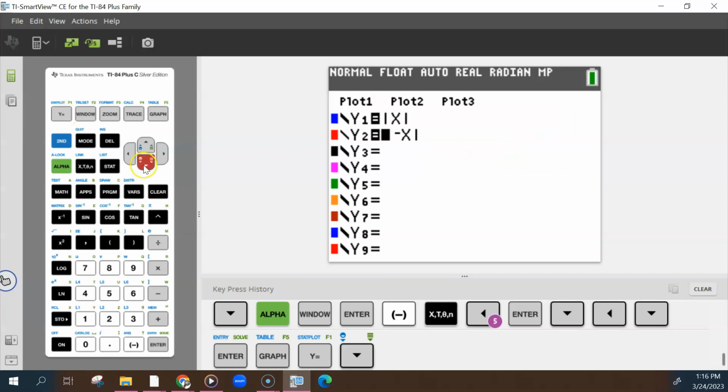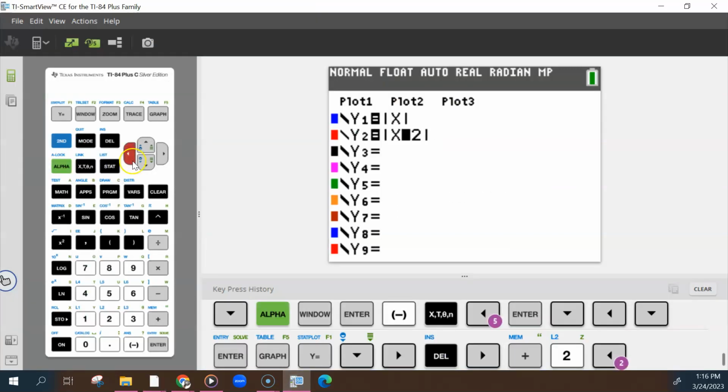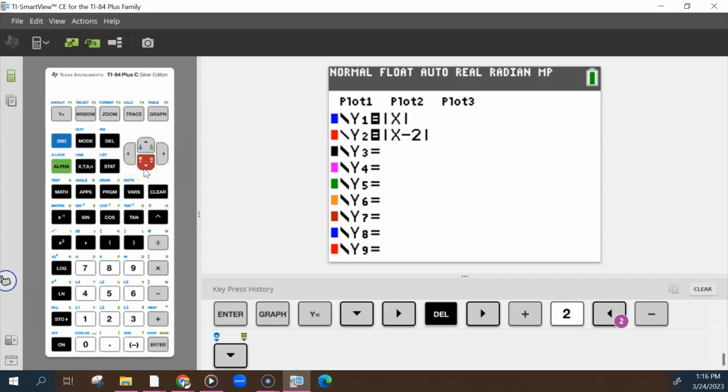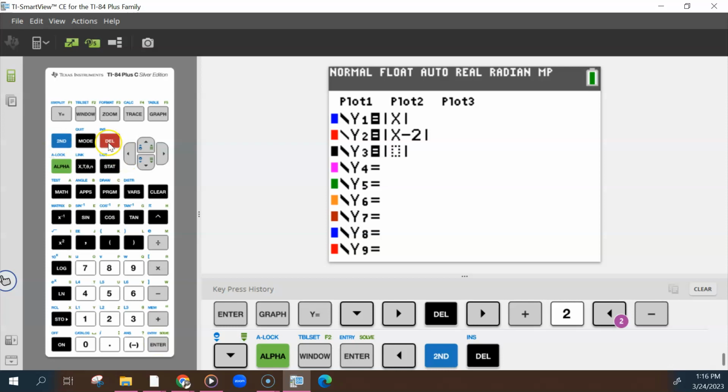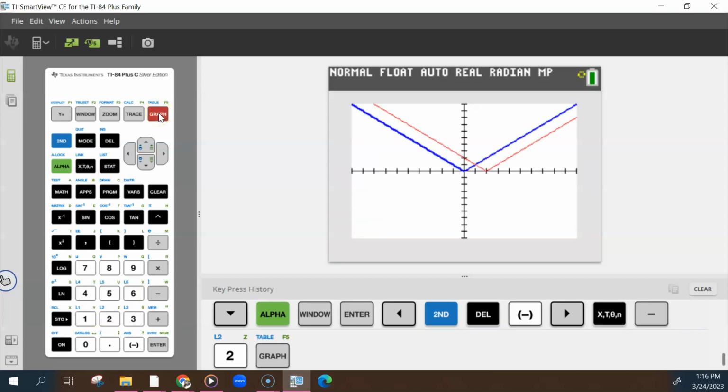We have the original. I'm going to draw the original, when it moves to the right, and then when it reflected. The blue is the original, red is when it moved to the right, and then the black is it moved to the right and reflected.